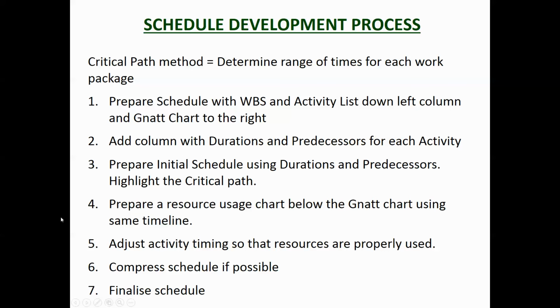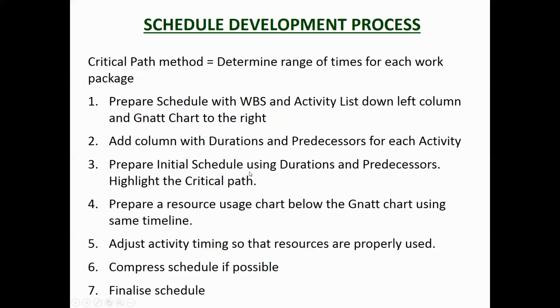So the schedule development process, you determine the range of times. The critical path method is managing that critical path. That's not to say you ignore the non-critical activities, but you're all about the critical path. So the process is you prepare the schedule using the WBS and the activity list down the left hand column, the work breakdown structure. Add the columns with durations and predecessors for each activity.